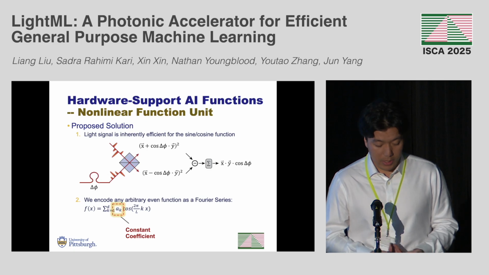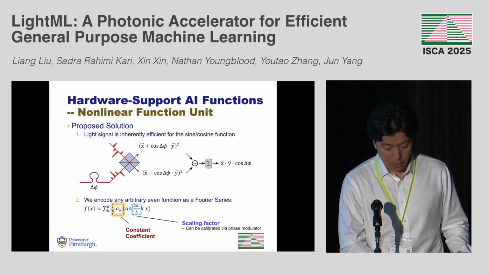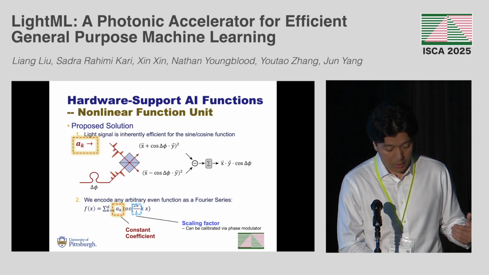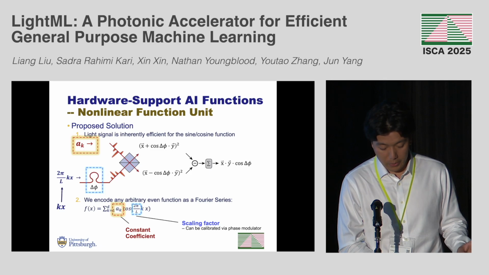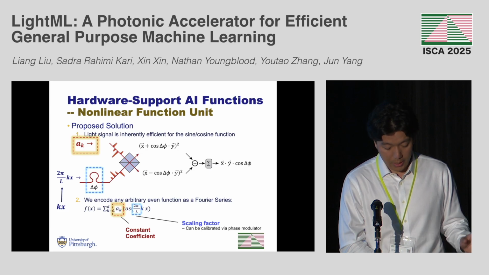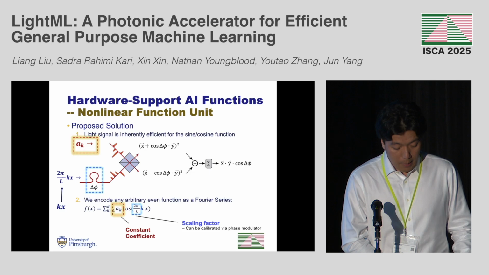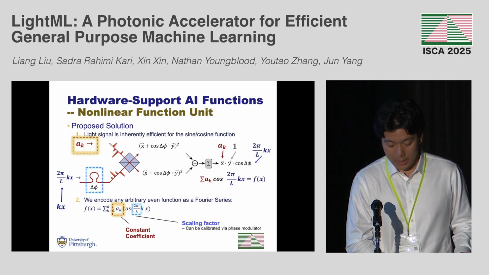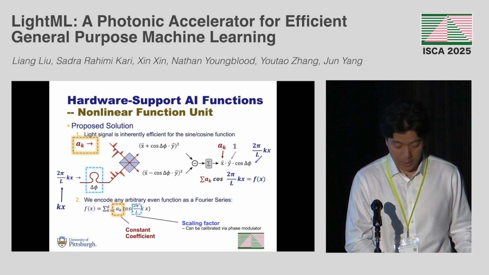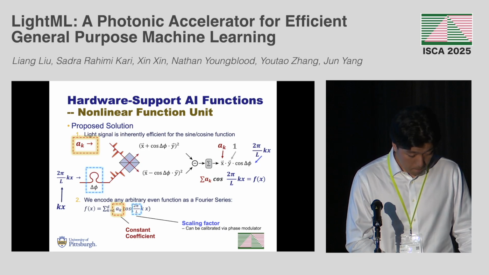This operation can be very easy to achieve in our crossbar device. We can send the coefficient a_k in the top direction, and in the bottom direction, we first calibrate the multiplier kx into the 2 pi range, and then send it to a phase modulator. By placing everything here, the accumulated result will be exactly a_k cosine of 2 pi over L times kx, which is our desired nonlinear function.